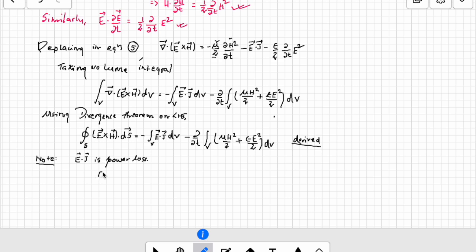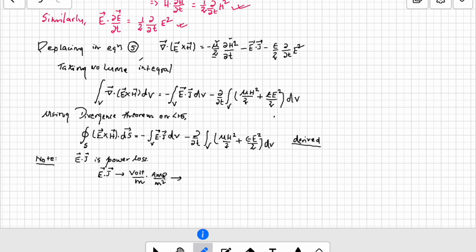If I look into the dimensions, the unit of electric field is volt per meter, the potential applied per unit distance, into the current density J. Current density is current by area, so this is ampere divided by area, and the area unit is meter square.